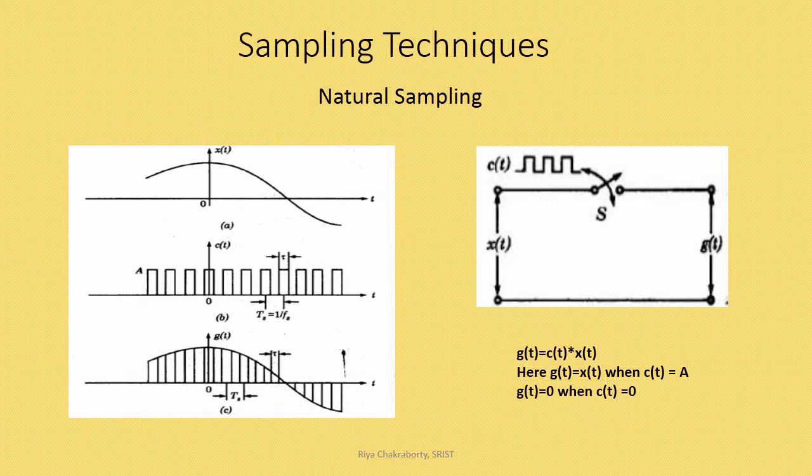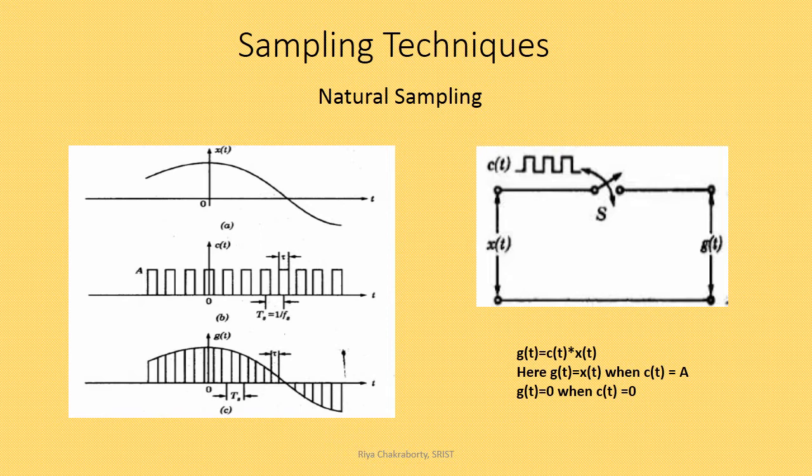Natural sampling is a practical method and will be discussed here. In natural sampling, the pulse has a finite width equal to tau. Let us consider an analog continuous time signal x(t) to be sampled at the rate of fs Hz.